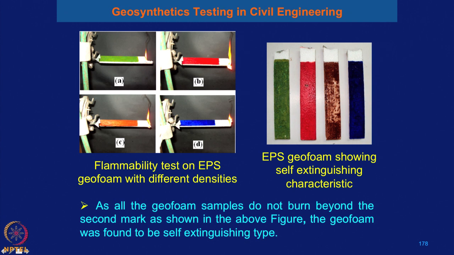So these are shown for the different densities of the EPS geofoam, showing the self-extinguishing characteristics. As all the geofoam samples do not burn beyond the second mark, which I have shown you in this figure, the geofoam was found to be self-extinguishing.